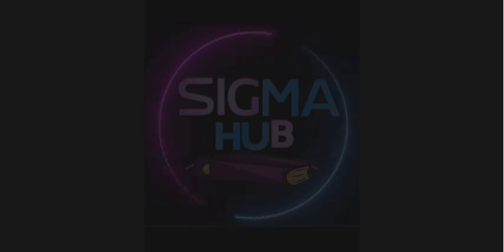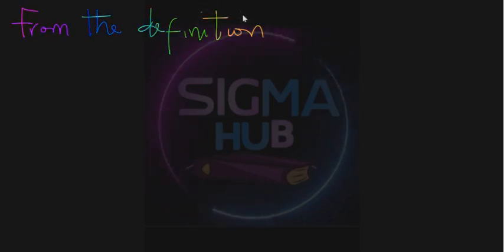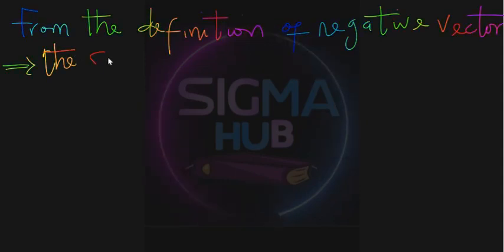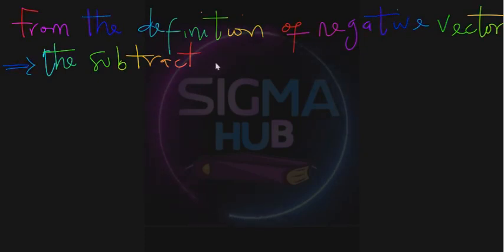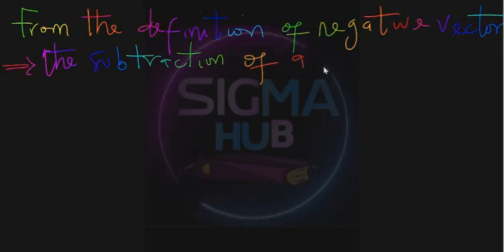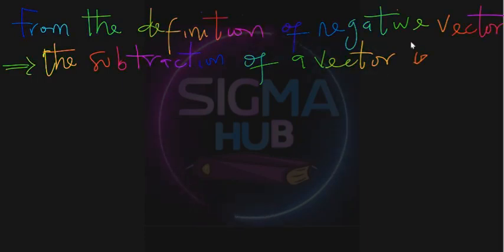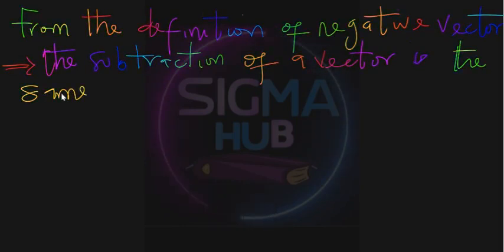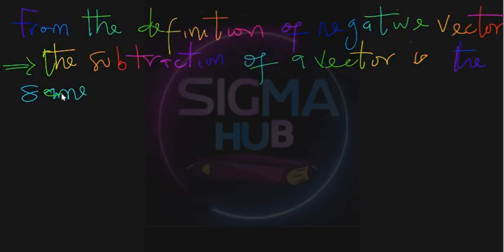From the definition of a negative vector, we can say that the subtraction of a vector is the same as the addition of its negative vector.